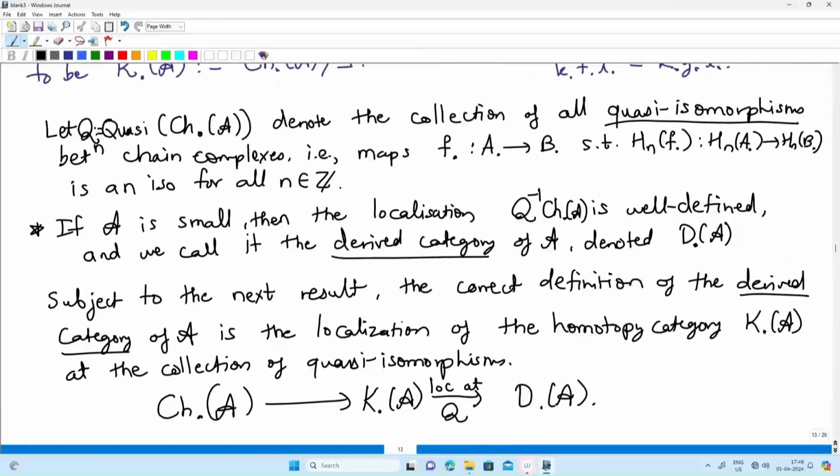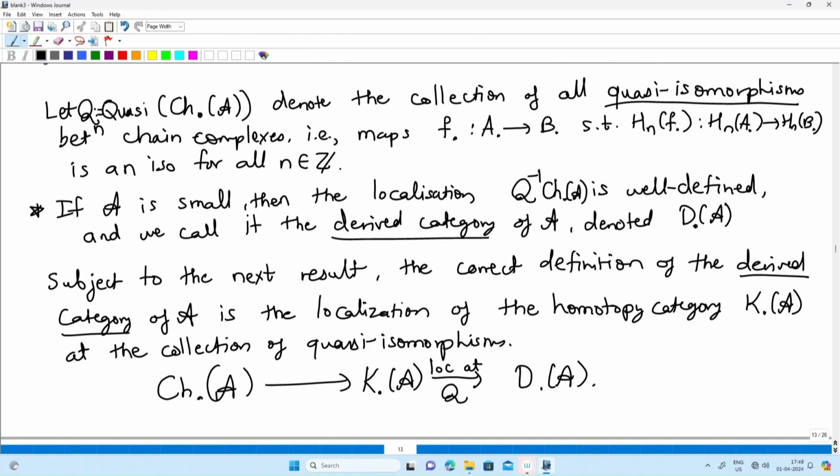Any questions about this? The first step is just the quotient, and the second step is localization. We have discussed both these things, and the quasi-isomorphisms will form a multiplicative system at the homotopy category level, but not necessarily at the chain complexes level.